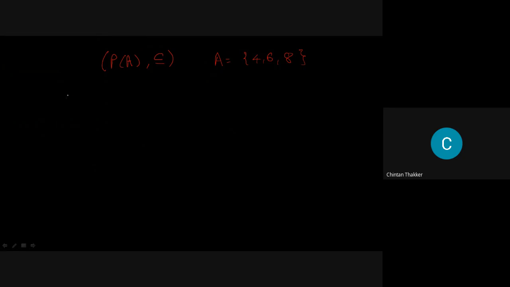Now, if I take B equal to singleton 4, 4 comma 6, and A, which are the lower bounds and which one is the greatest lower bound?